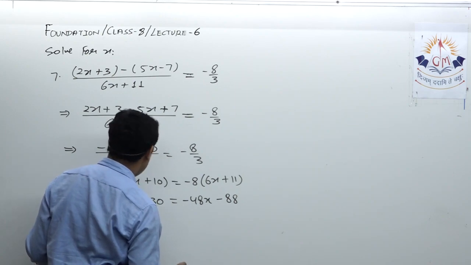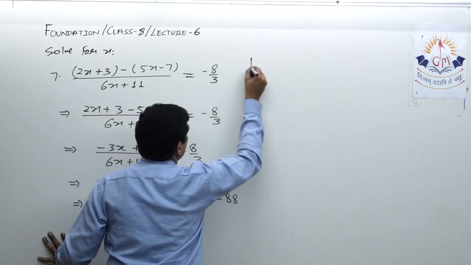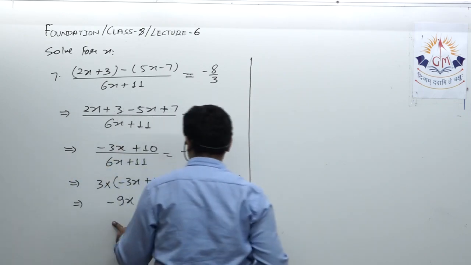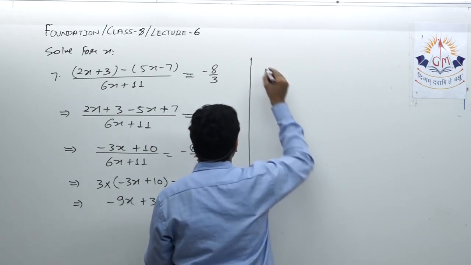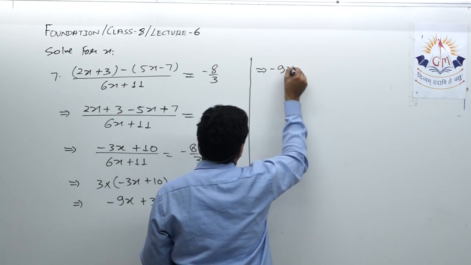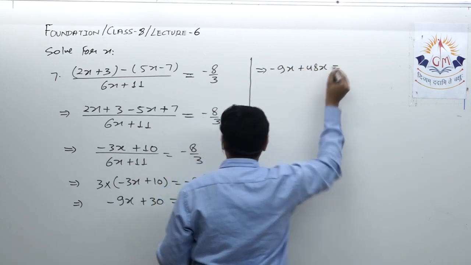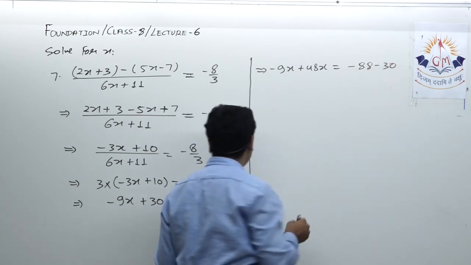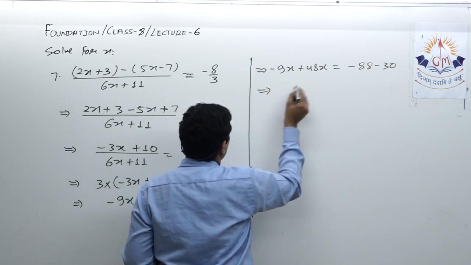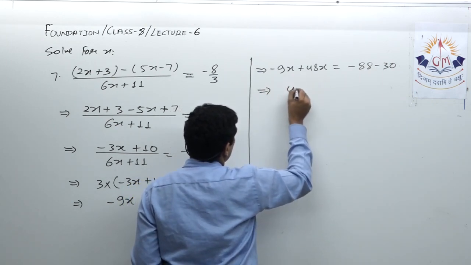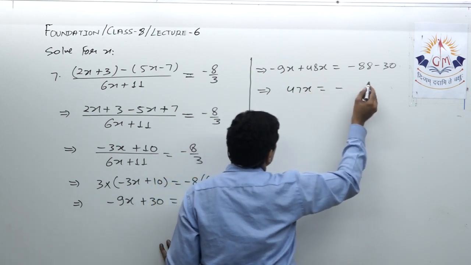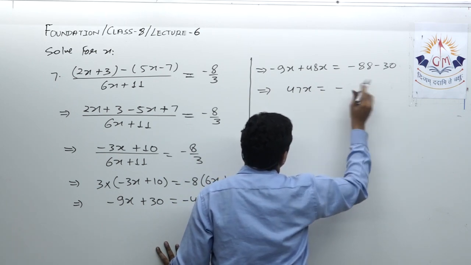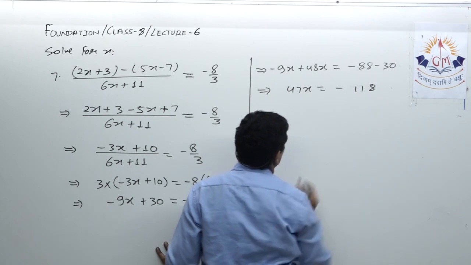Now minus 9x minus 48x. So I will take this 48x over here, so plus 48x is equal to minus 88 minus 30. Okay, so the final answer is, here I will get 39x is equal to minus 118.